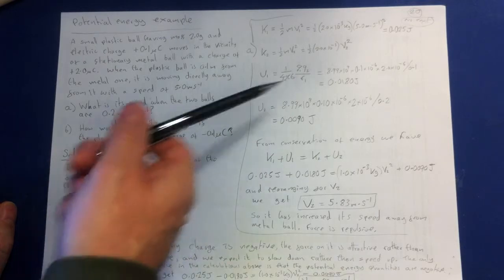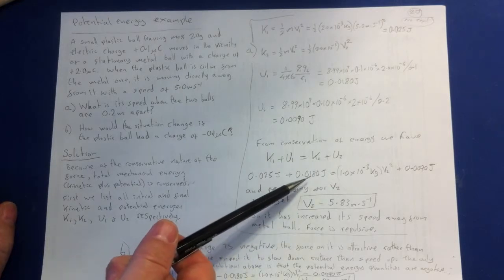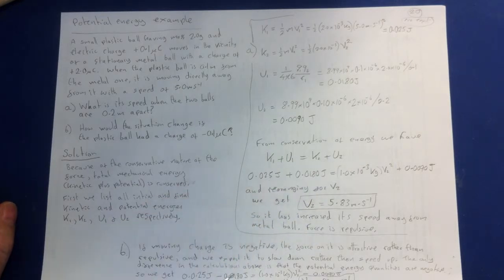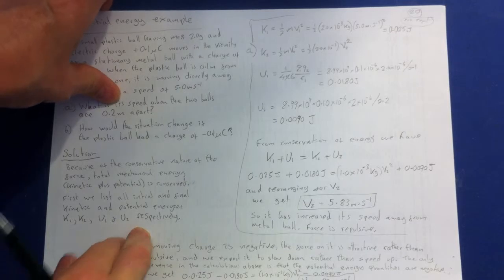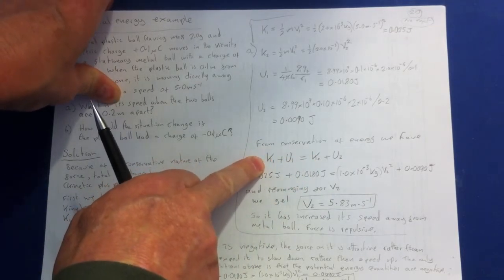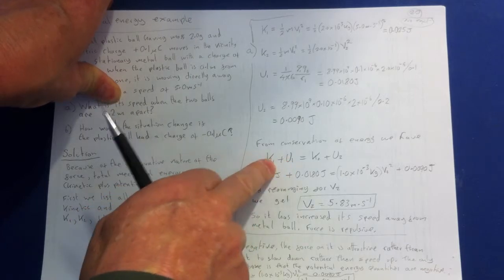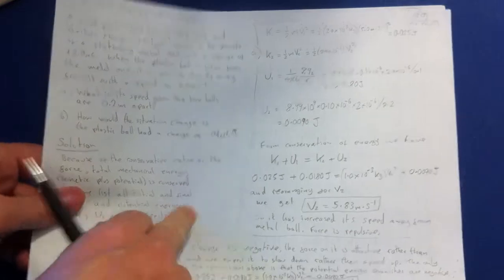So we write it all down again with negative potential energies, plug it all in again, and find the unknown V2 to be 4 meters per second. So that's an example of conservation of energy: the initial energy is equal to the final energy.